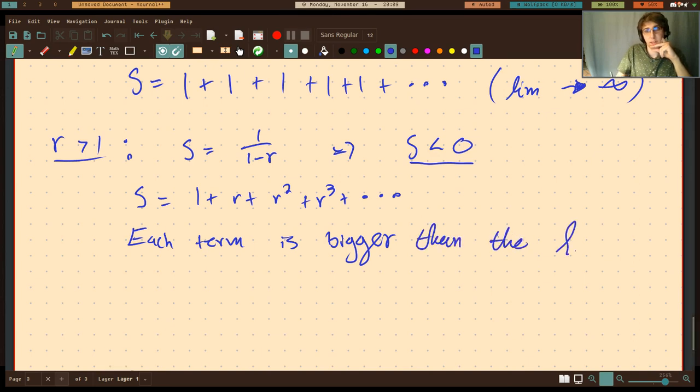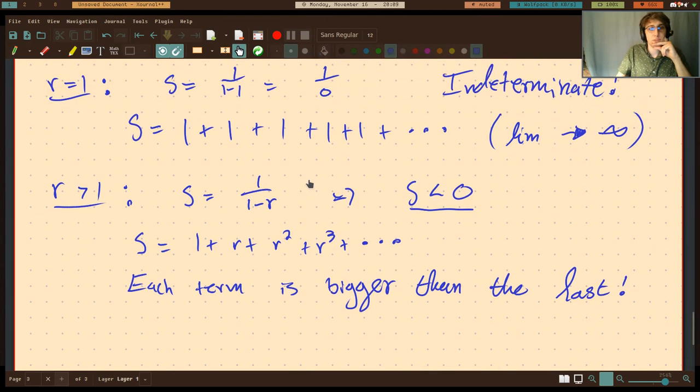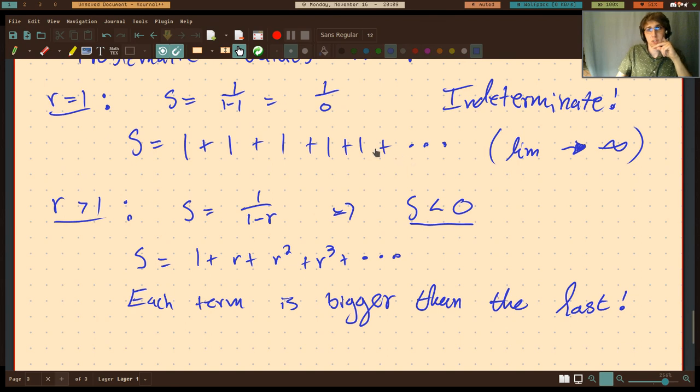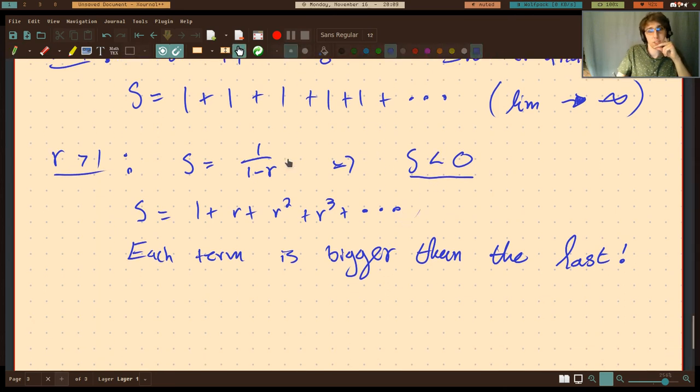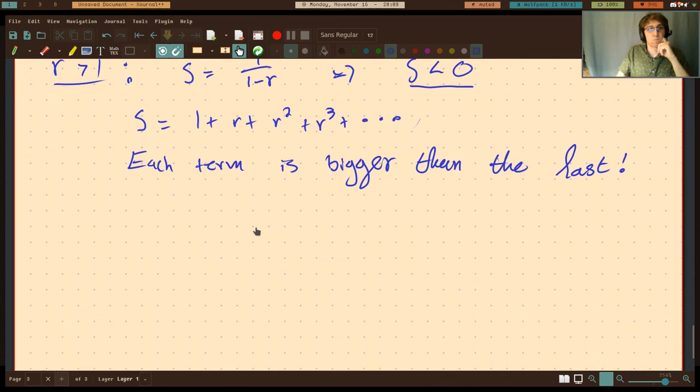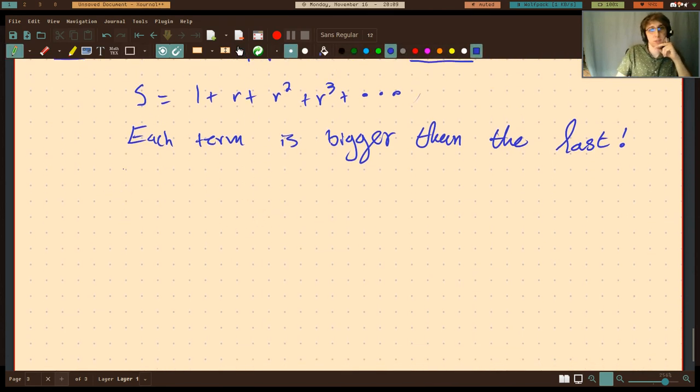So if even the case where every term is exactly the same, not growing or reducing, blows up, then certainly this blows up too. And everything about our intuition says this blows up as well, because each term is just getting bigger and bigger and bigger.